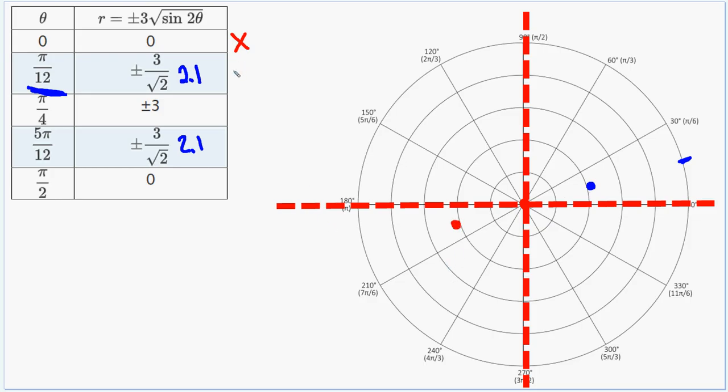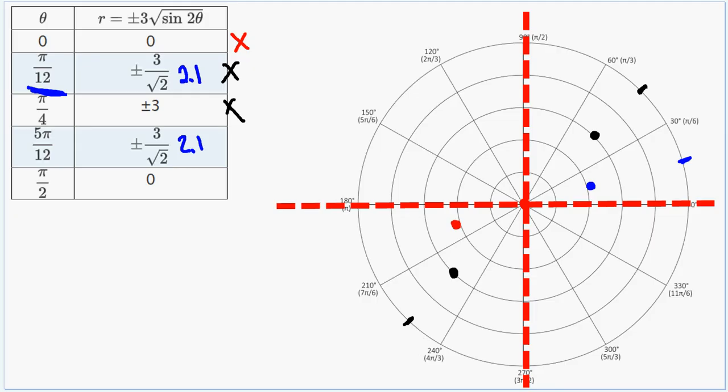All right. Up next, pi over 4, 3. Well, pi over 4 would be right here between pi over 6 and pi over 3. We're going to go out 3 units, 1, 2, 3. And that will reflect across the circle over here to 5 pi over 4. And we'll go out 1, 2, 3 units. So there's our symmetric dot.